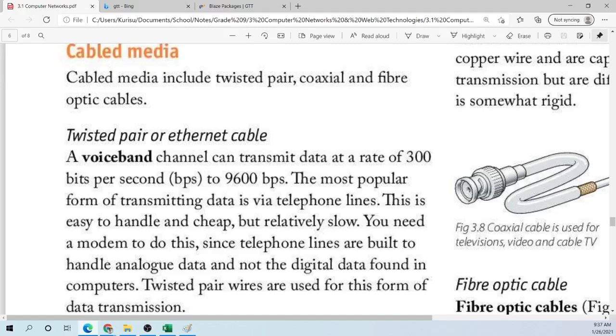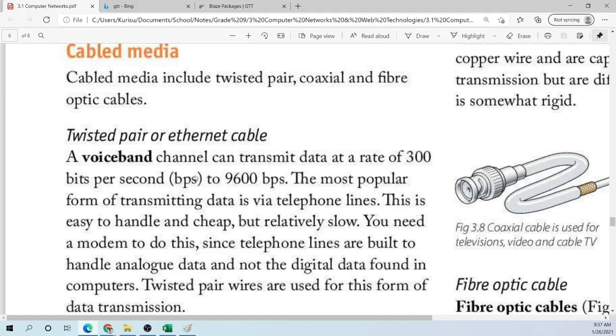The most popular form of transmitting data is via telephone lines. This is easy to handle and cheap, but relatively slow. You need a modem to do this, since telephone lines are built to handle analog data and not the digital data found in computers. Twisted pair wires are used for this form of data transmission.